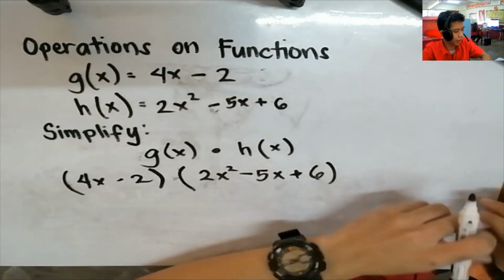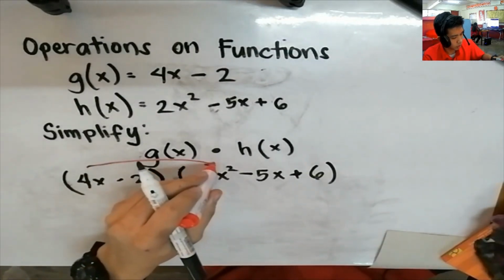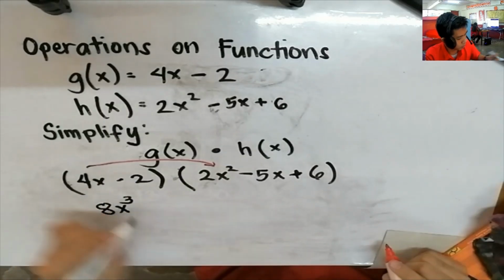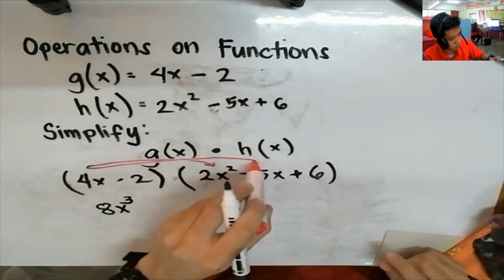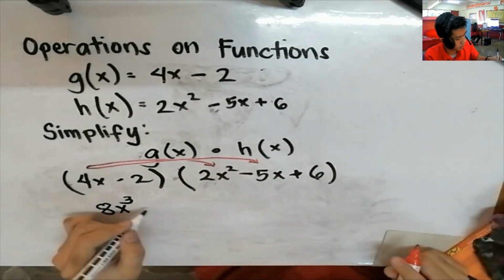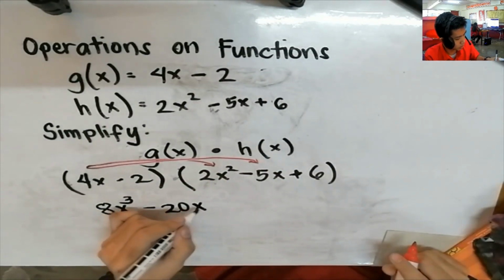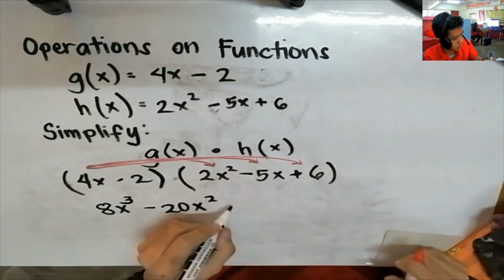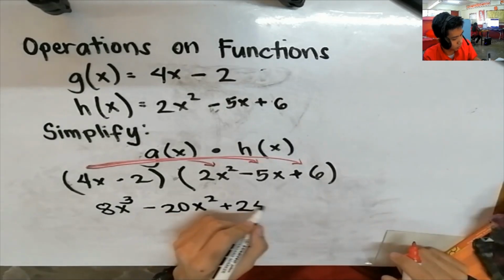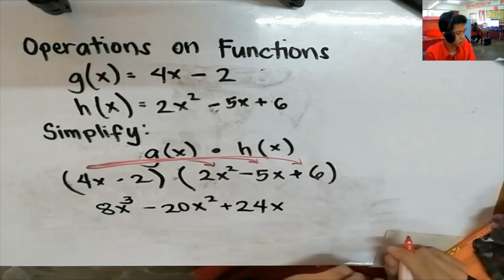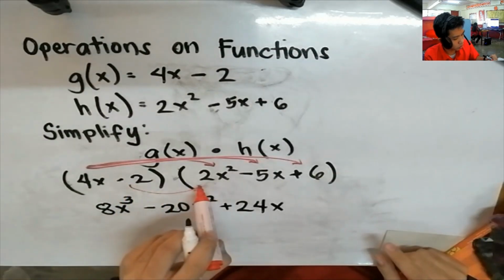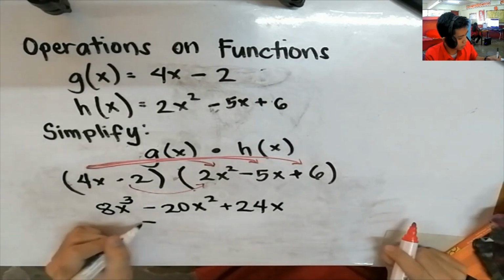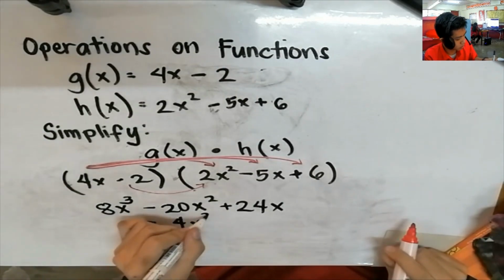Here we have 4x times 2x squared, 8x cubed. 4x and negative 5x, negative 20x squared. 4x to 6, we have positive 24x. Negative 2 to 2x squared, we have negative 4x squared.